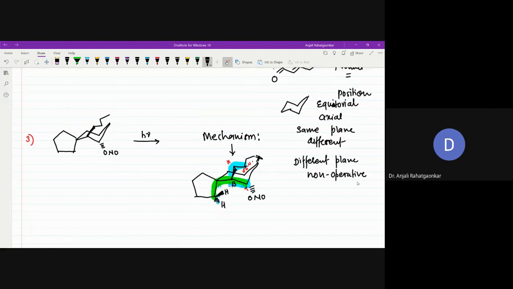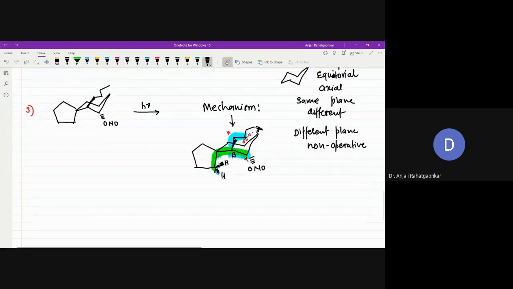Then look at the second side. Here we have again two hydrogens. One is above the plane, another one is below the plane. And here we can see that there is a possibility, because they are very close to each other and they can form a 6-membered ring. So this side is a feasible side, operative side. Green side is an operative side. So I can draw the structure and you can see it.